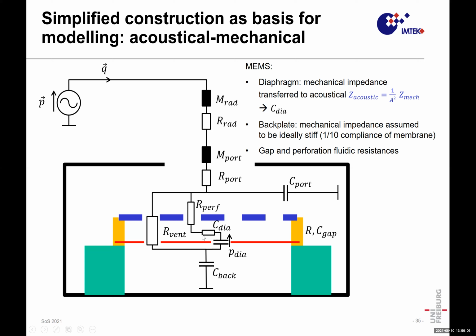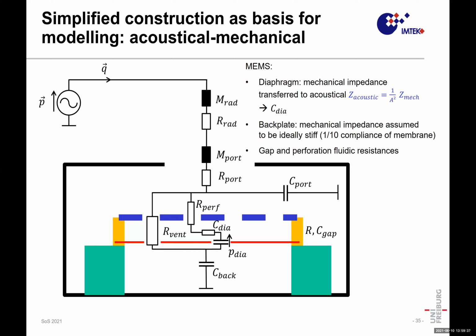Then of course we have a resistance which is lateral, from the squeeze effect, which squeezes the air to the hole before it exits the holes. And then we have here a C diaphragm. So we have a compliance for the spring of the membrane. This is a mechanical compliance, or spring, which we have transferred into the acoustic domain.